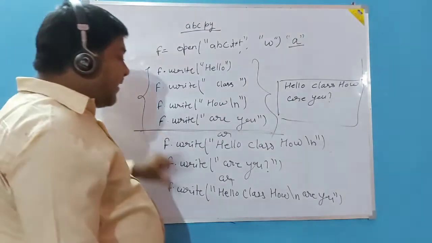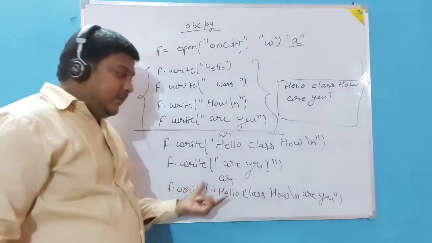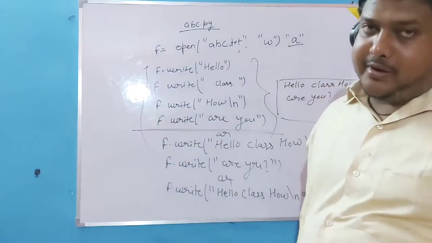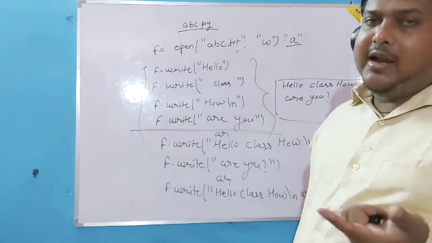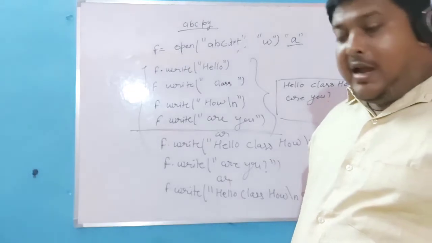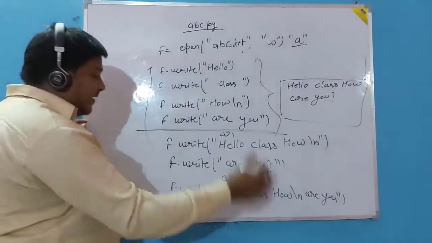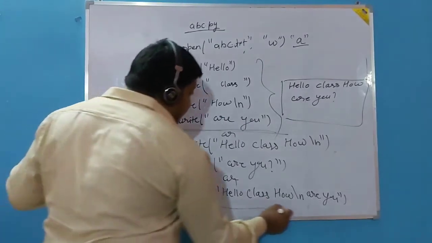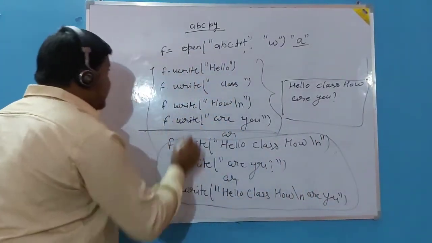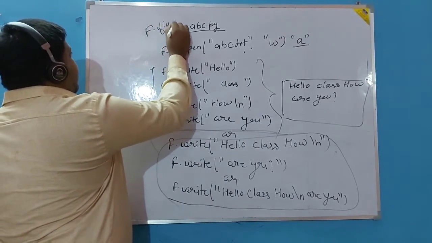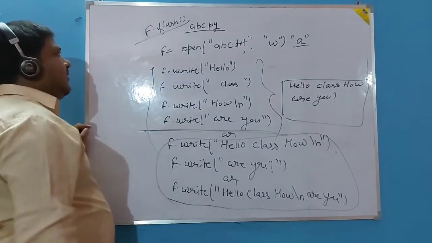After writing the content, the compiler will store the content in a writing buffer. There is a buffer area, and the content is stored in it. If you want the compiler to write it, then after completing all the writing tasks you have to call one function, that is flush, f.flush. Clear?